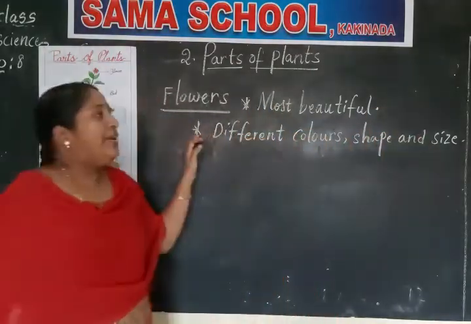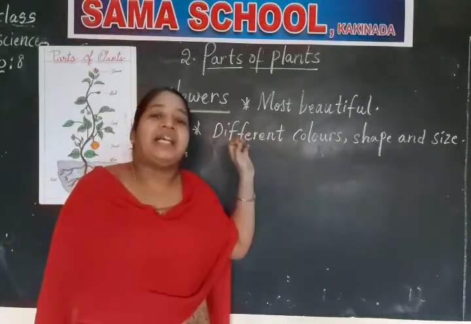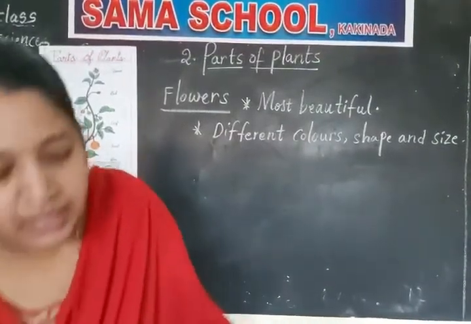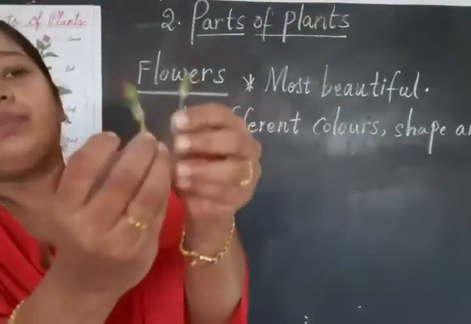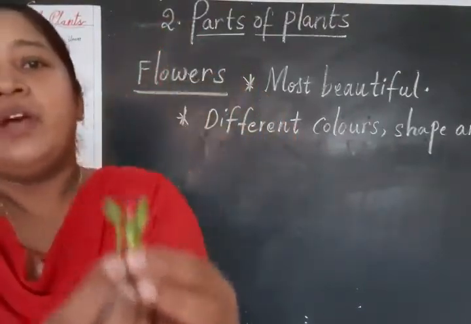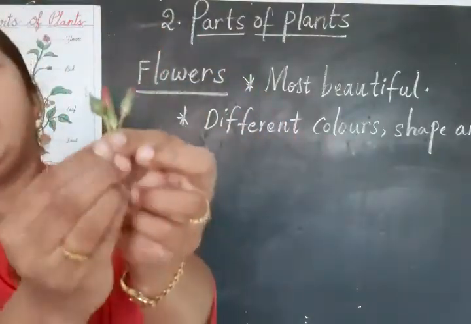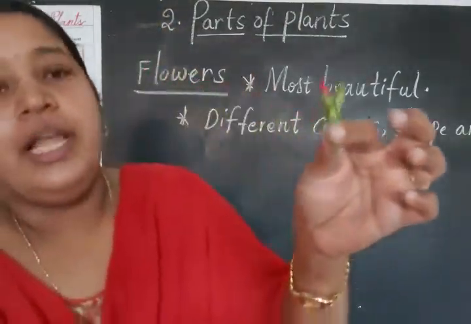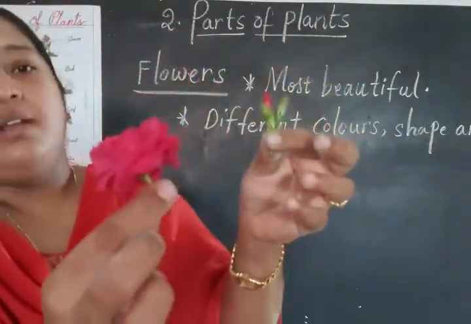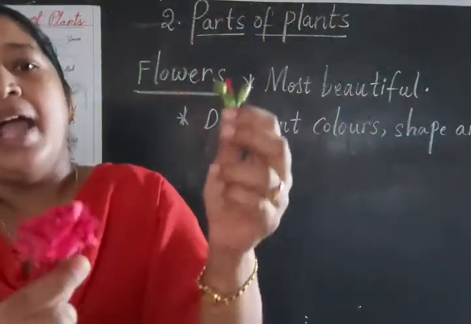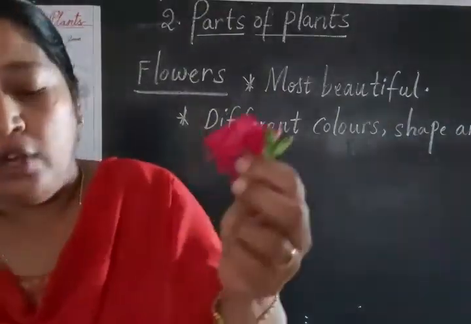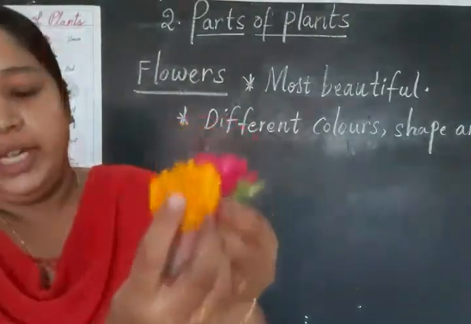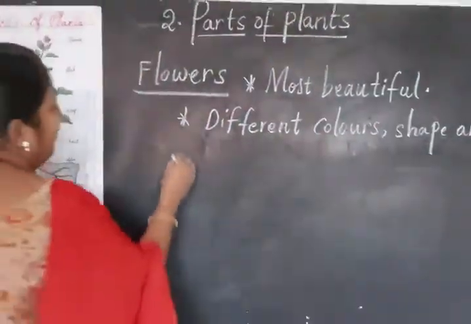Clear, children? First the flower appears as a bud. So these are called buds. First the flower appears as a bud, and this bud changes into a fully grown flower like this.